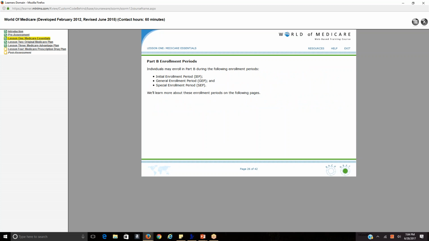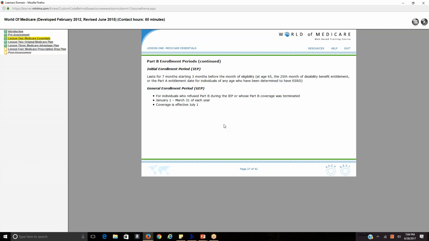Now, individuals can enroll in Part B during the following enrollment periods. There's what's known as the initial enrollment period, or the IEP. There's the GEP, which is the general enrollment period, and then there is the special enrollment period. So let's talk first about the initial enrollment period.